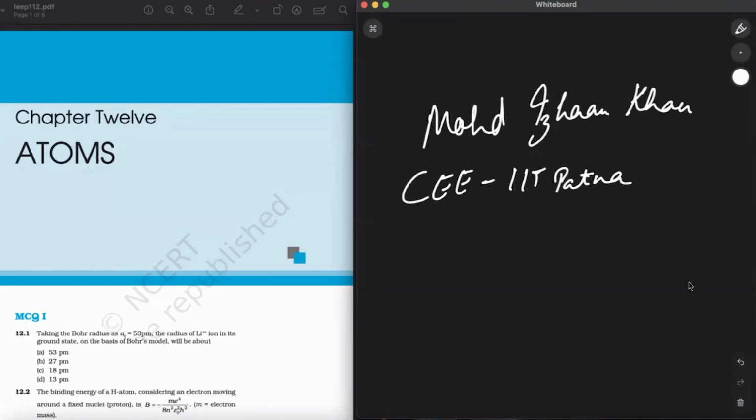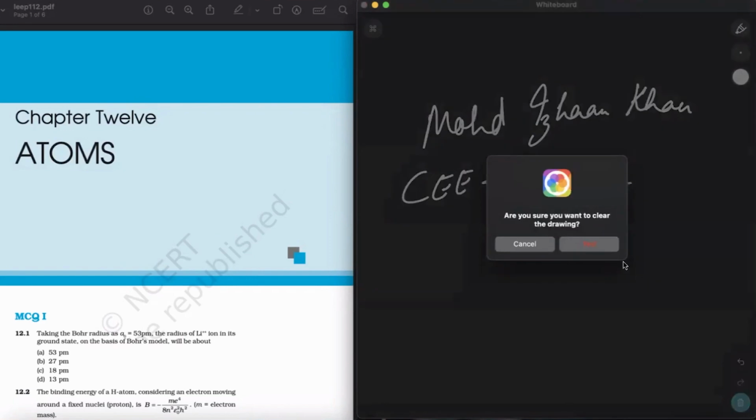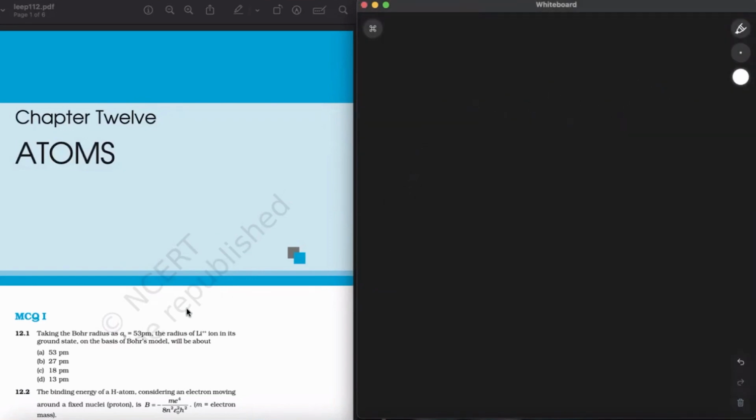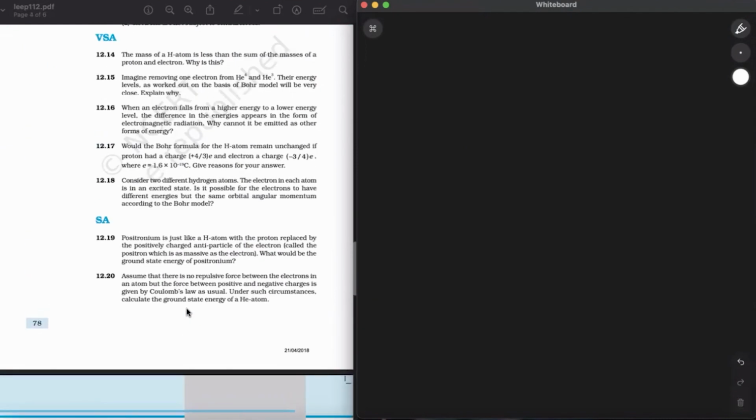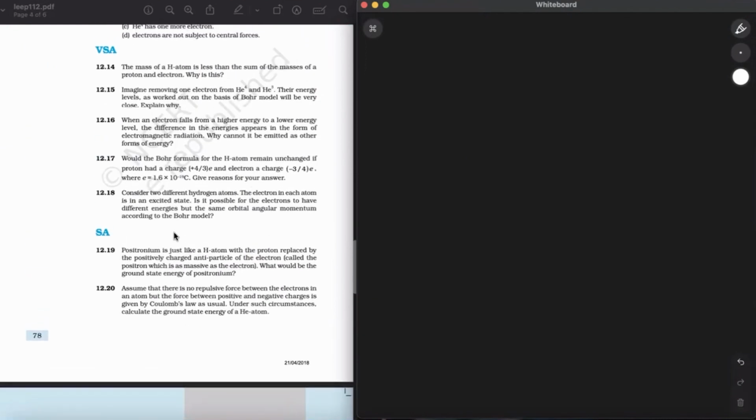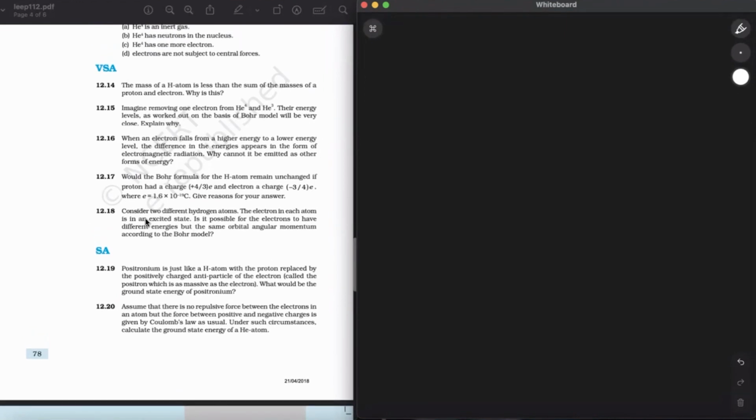We were solving the exemplar questions of chapter number 12 of Physics, Atoms. In the last class, sorry for the delay, I think we had done till question number... let me check.